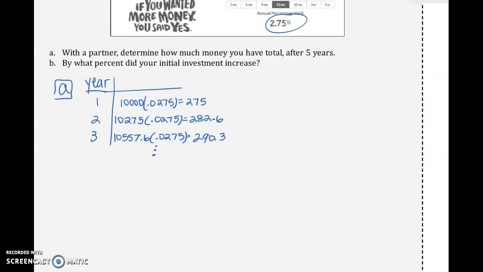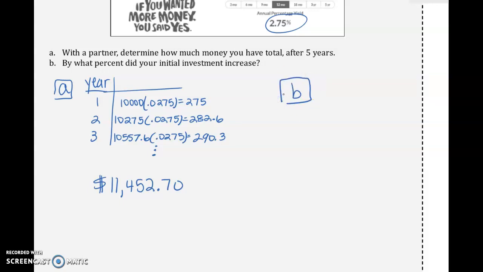And for year 5, that would give me a total of about $11,452.70. So in 5 years, with a 2.75% rate of increase, I would have grown my $10,000 to $11,452.70.